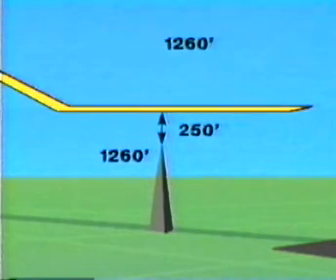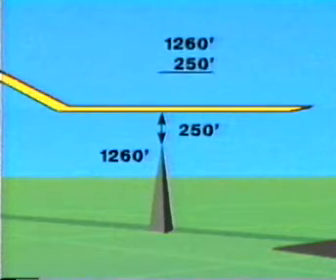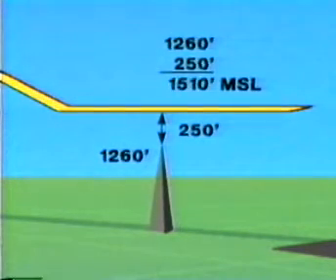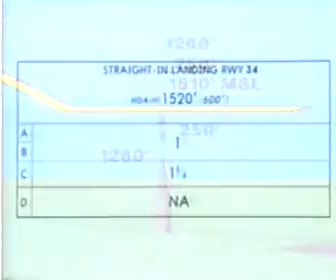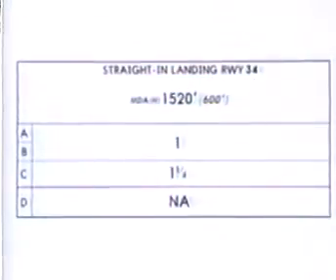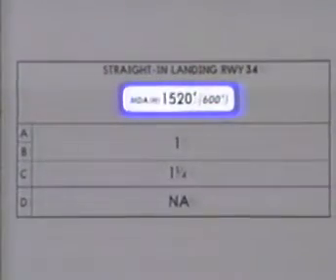By adding the altitude of the controlling obstacle and the 250-foot required obstacle clearance, the MDA can be determined for this approach. In this case, it would be 1,510 feet. Since MDAs are rounded up to the nearest 20 feet, the actual MDA would be 1,520 feet.